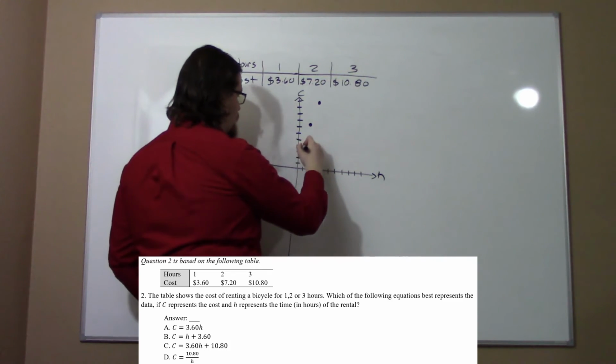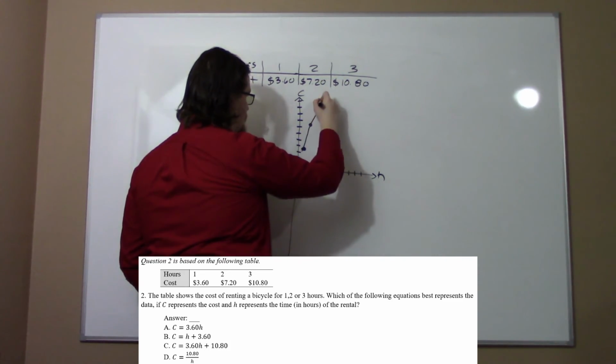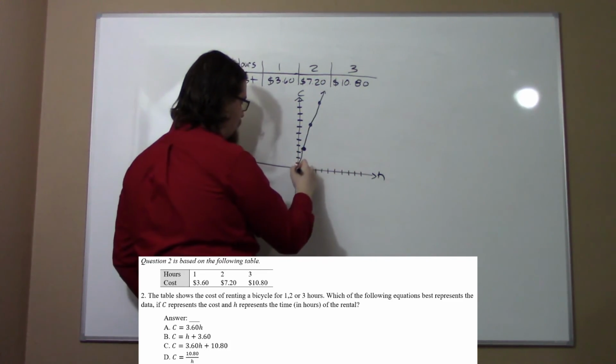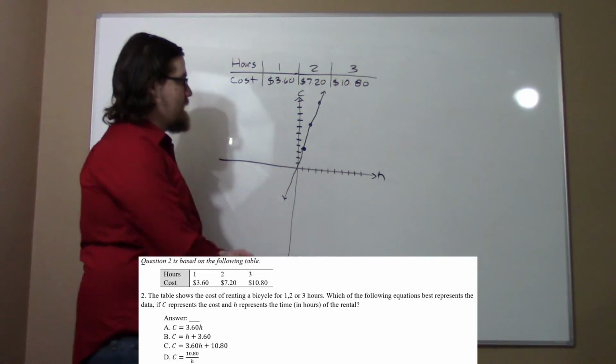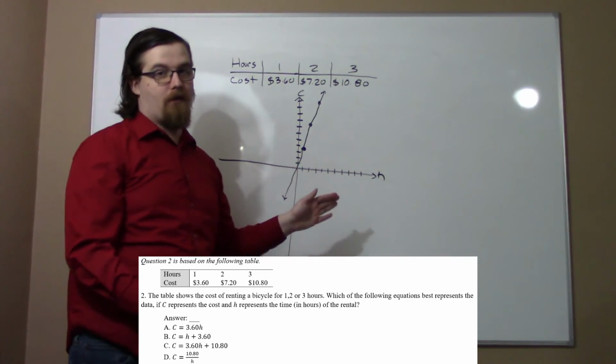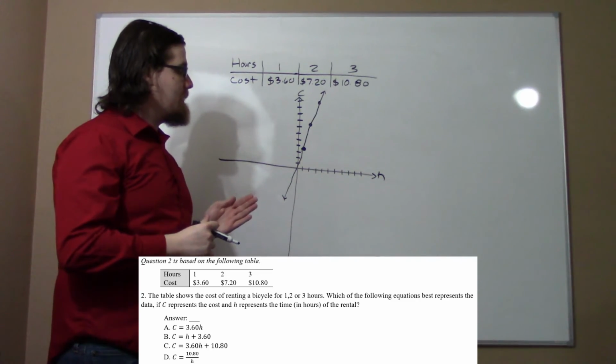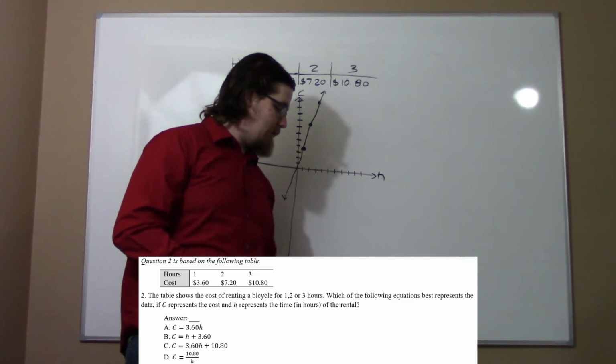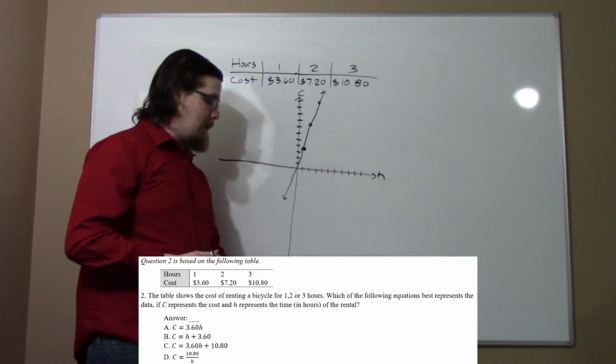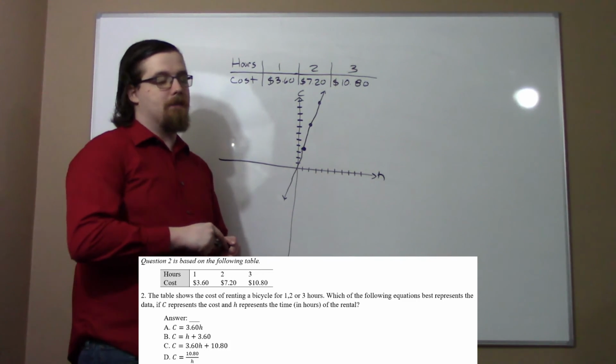Now if we just kind of draw a line through and know that this is not an exact graph and kind of sketch this, we get something that looks like this. Now that's not exactly right, but it kind of gives you the idea. And referring to our answer choices, it's clear that the only one that matches is answer choice A.